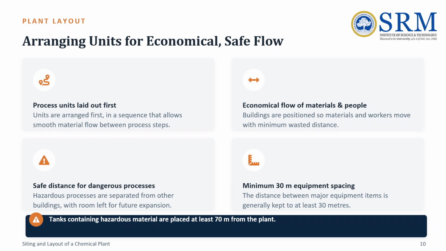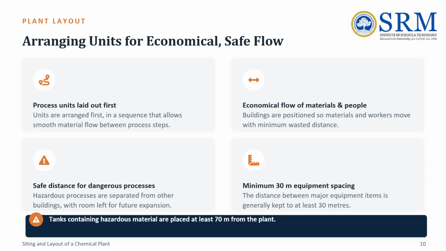Arranging units for economic, safe flow. Plant layout involves arranging process units in a logical and efficient manner. The primary objectives are smooth flow of materials, minimum movement of workers, reduced transportation cost, and improved safety.